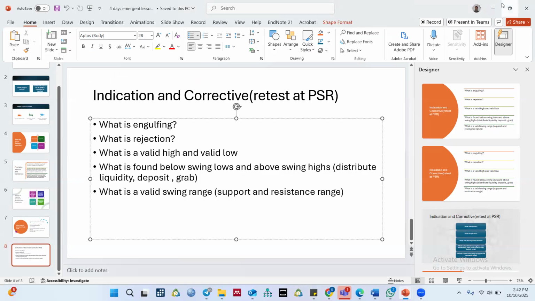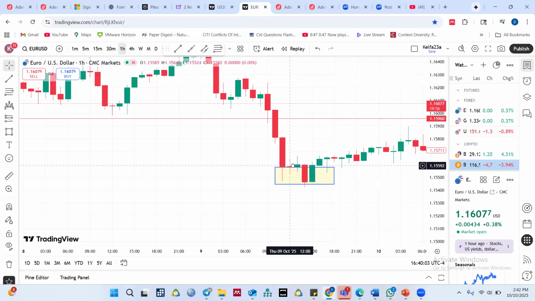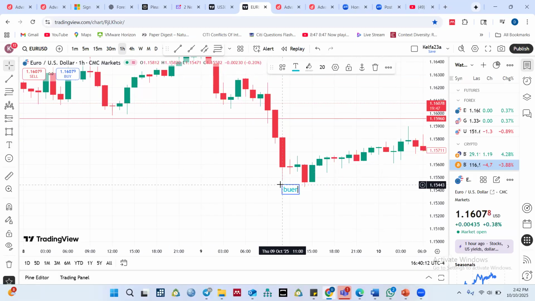So let's say why did it reject here? It's rejecting here because there are buyers here.